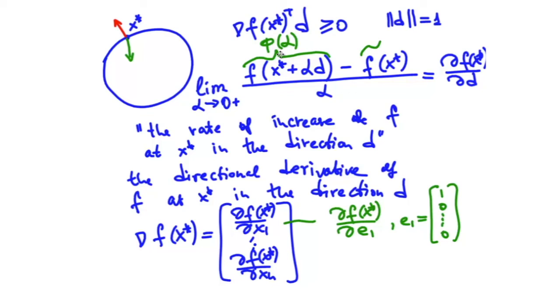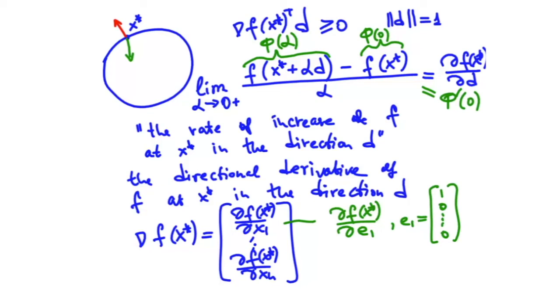Essentially what I have here is the limit of phi of alpha minus phi of 0 divided by alpha when alpha tends to 0. By the definition of the derivative of this function phi, this is phi prime of 0, the derivative of phi at the point 0.